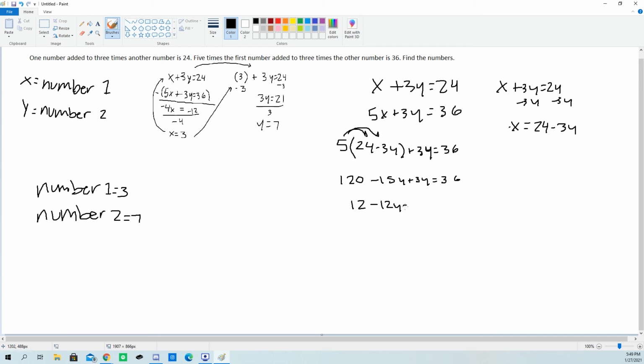Then I'm going to subtract 120 from both sides. You have negative 12y equals negative 84. Divide by 12 on both sides. And we have y equals 7, which, look at that, that's what we got over here too.